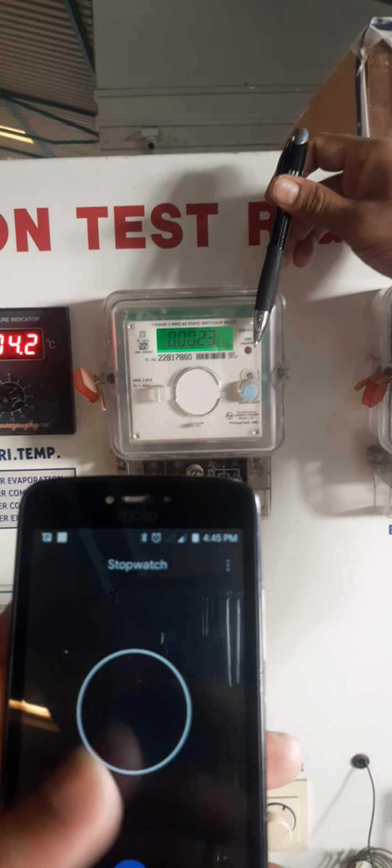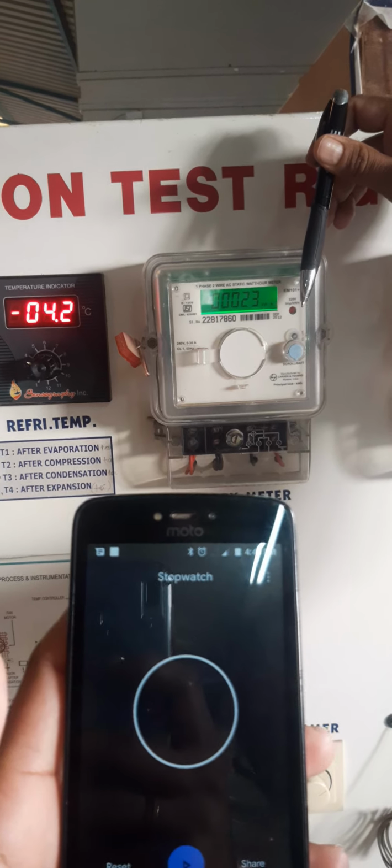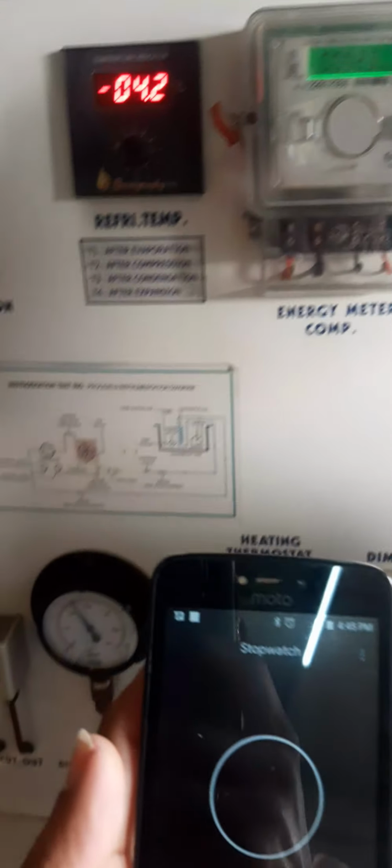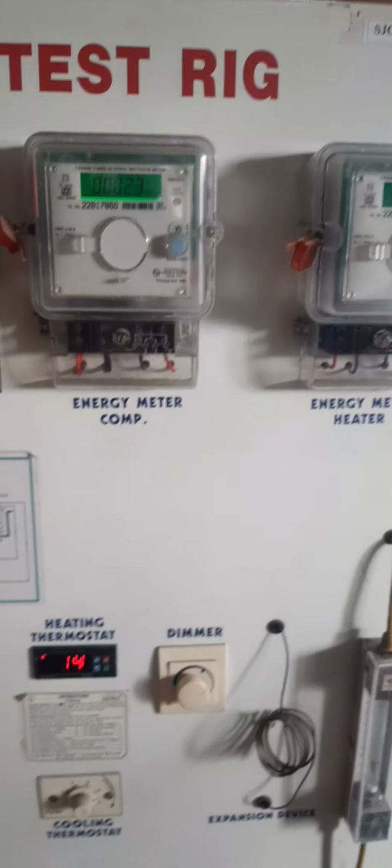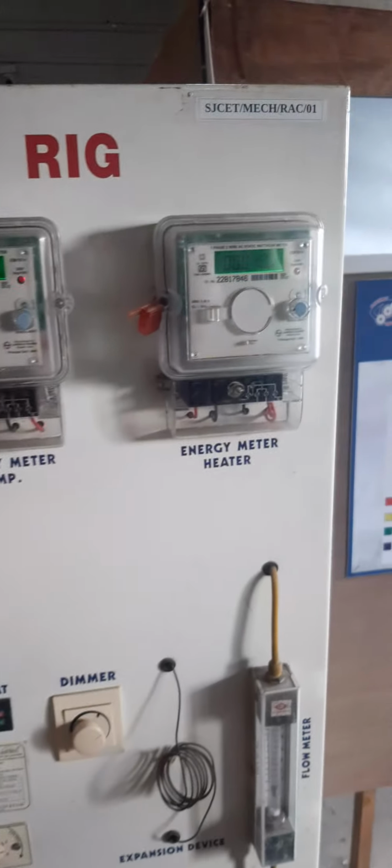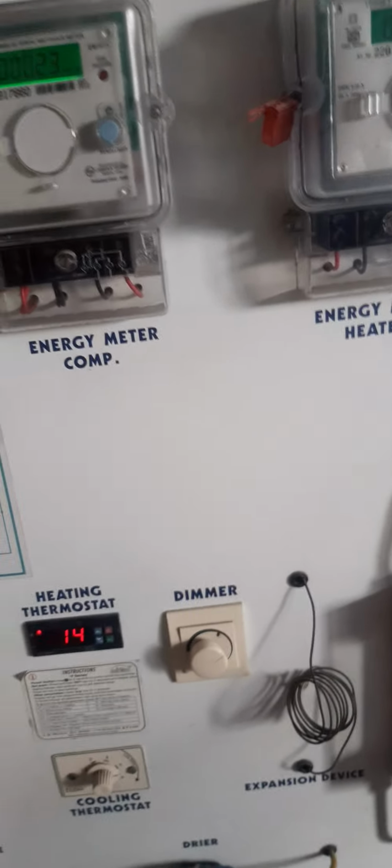So here 43.41 seconds is the time taken for the energy meter.